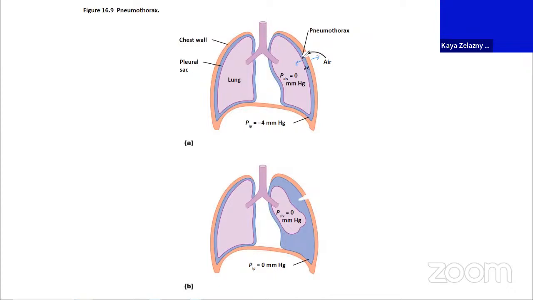If you get stabbed or shot or something like that, right? If you create an opening between that intrapleural space and the atmosphere, now we have a new pressure difference that we would have to think about. We've got that negative pressure in the intrapleural space, and we know that our atmospheric pressure we've set to 0.